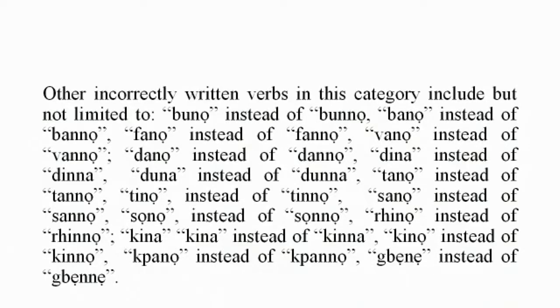If you write Buno with a single N, it's no longer the same word. Because there are two-syllable words, all the words we have there, Buno, Bano, Dano, Dina, Duna, Tano, Tino, and so on and so forth, they must be written with double N.